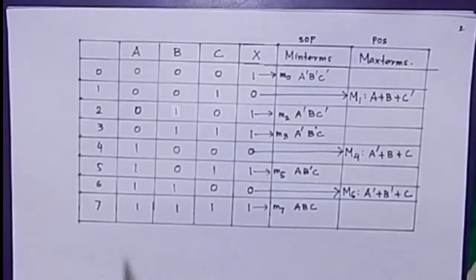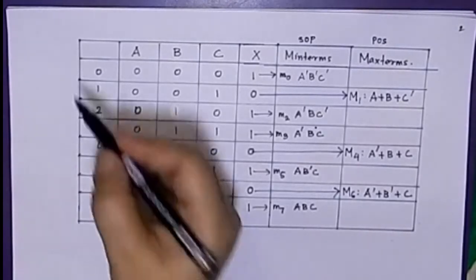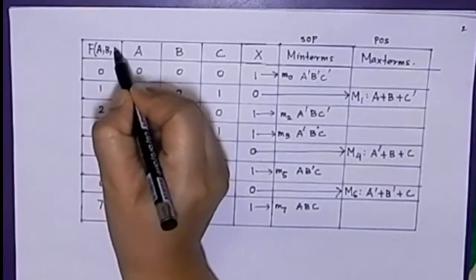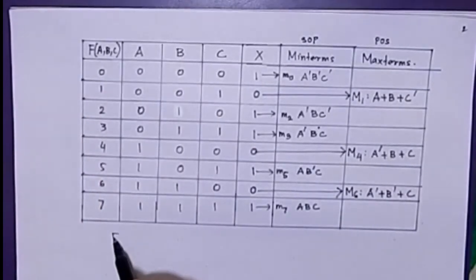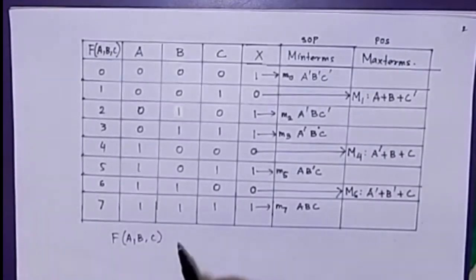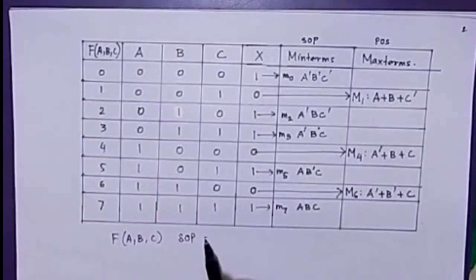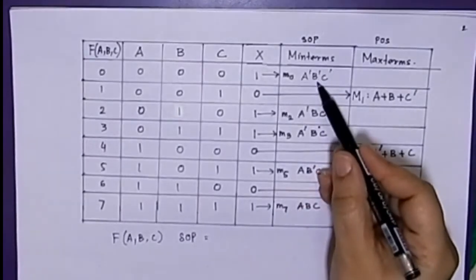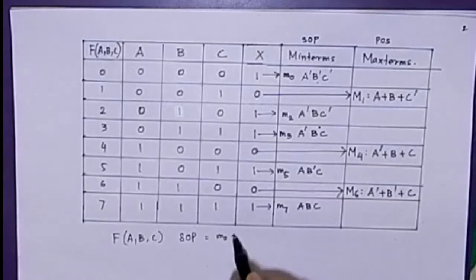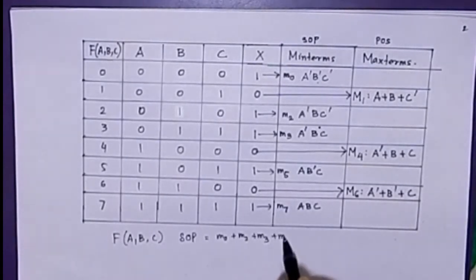Now you see, for the same function I have got all the min terms, I have got all the max terms. If we take this function as f of ABC, then if it is expressed in the SOP form, it is equal to the sum of all the min terms. So that is sum of M0 plus M2 plus M3 plus M5 plus M7.